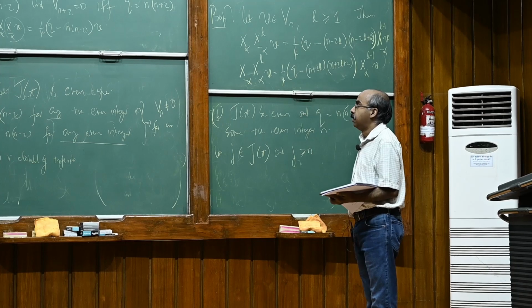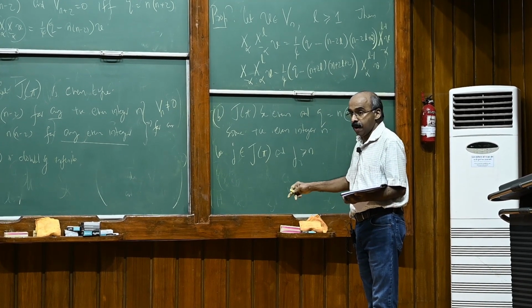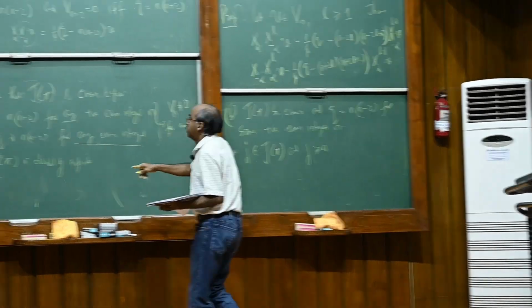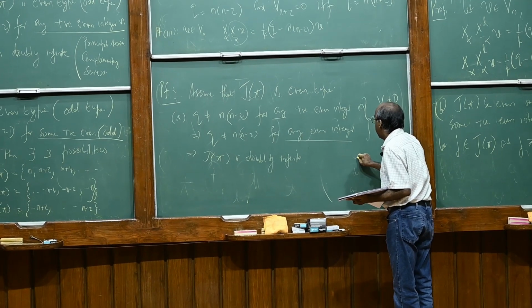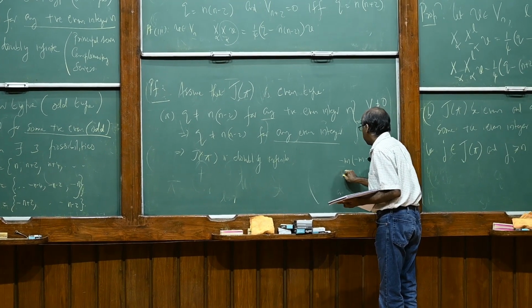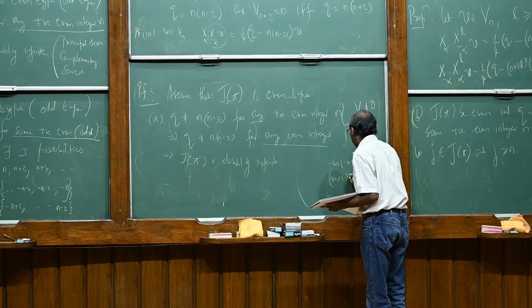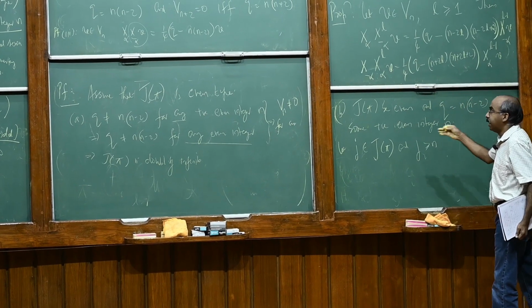You are taking positive, and you said that you will take care of it. Yeah. Because if I change n to minus m, you have minus m into minus m minus 2. So that is m plus 2 into m, which is again of the same form. I want to say it is one-sided, right?